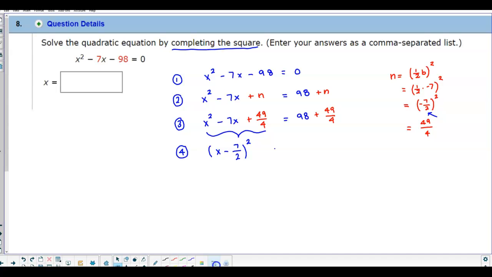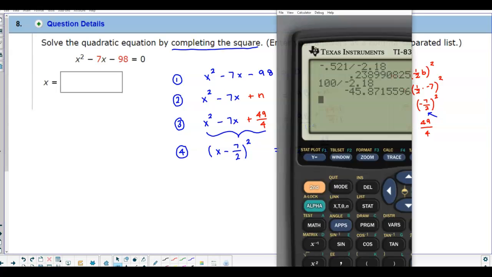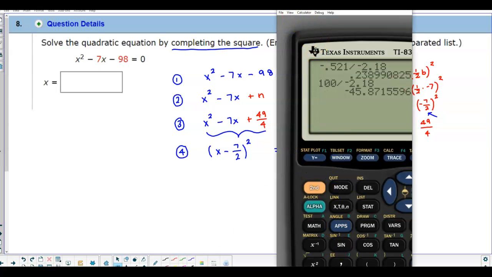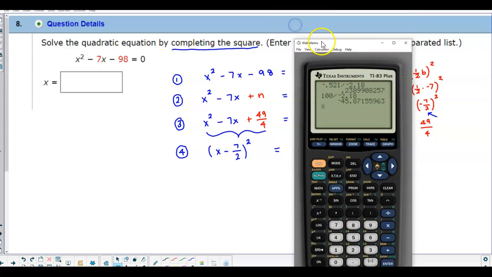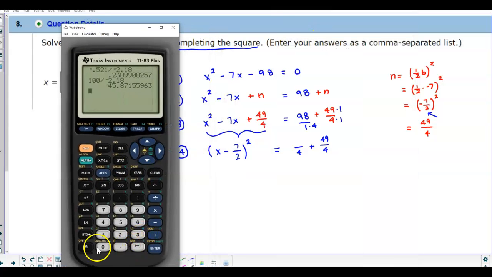Okay, and then over here, what we want to do is find a common denominator between those two numbers. Well, the common denominator is 4. So we know that 4 times 1 is going to give you 4. 49 times 1 is 49. 1 times 4 is going to give you 4. Let's go ahead and multiply 98 times 4.